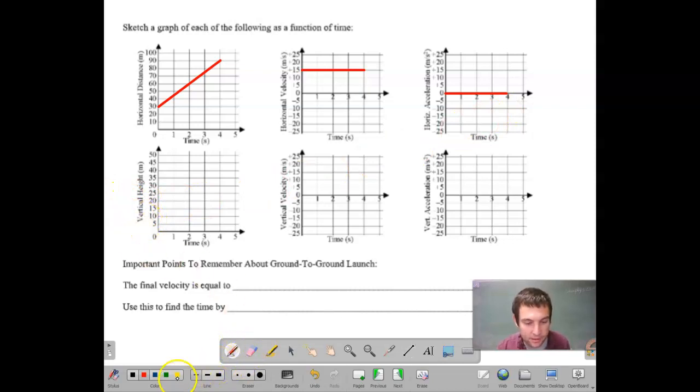For the vertical height, we started off at 0 and we ended at 0 4 seconds later, and we reached a maximum height of 20 halfway in between. Is there acceleration in the y direction? Yes, there's gravity. So that means it's going to be curved, and we're going to curve it on up, and then we're going to curve it on down.